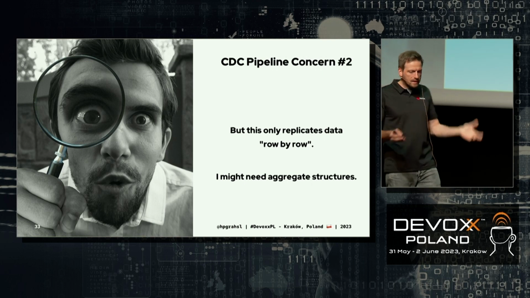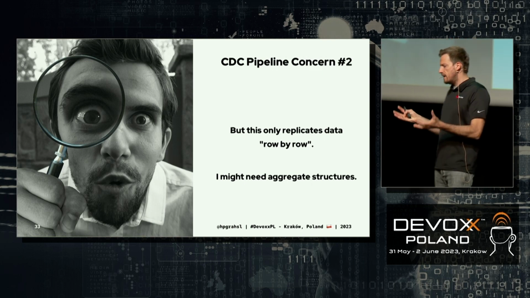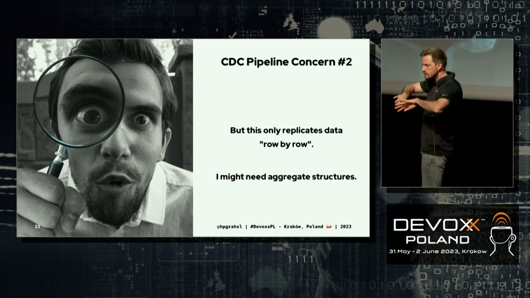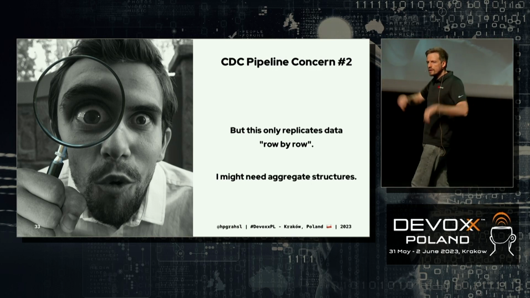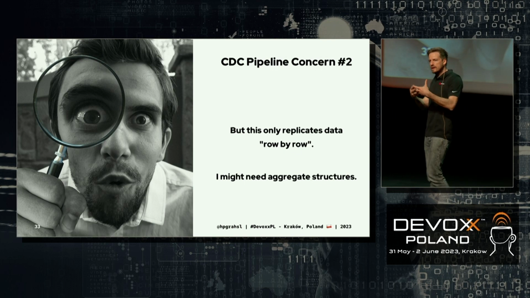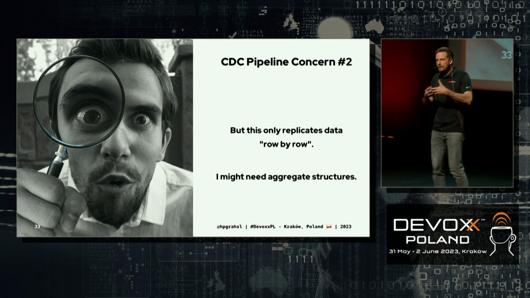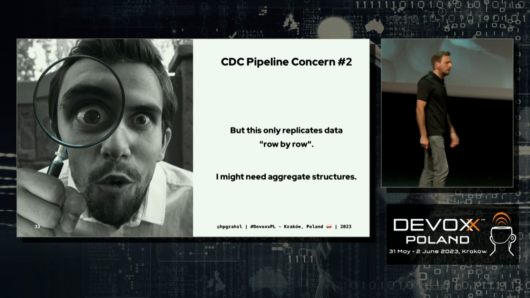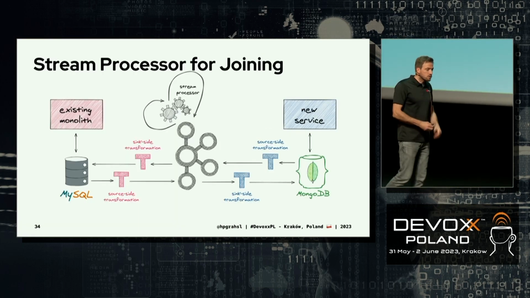An aggregate structure means that you probably need to bring data that was originally stored in separate tables together again. You want to pre-join them before you send them to your target system. And this is where stream processing comes into play.